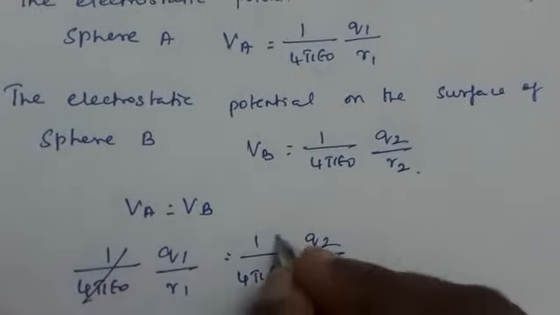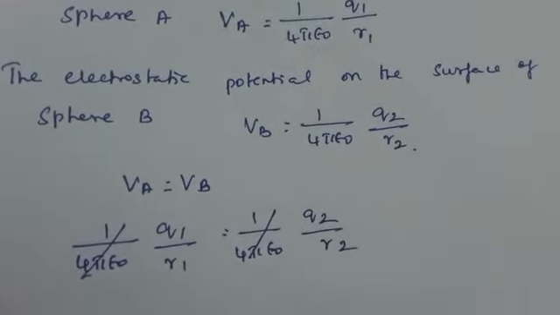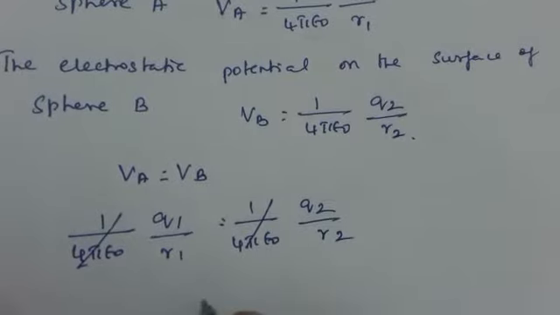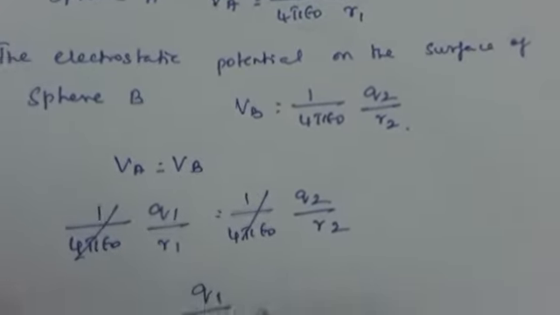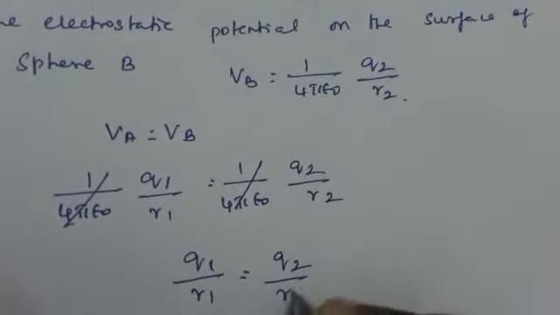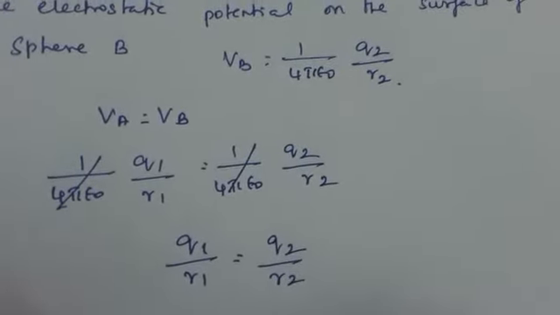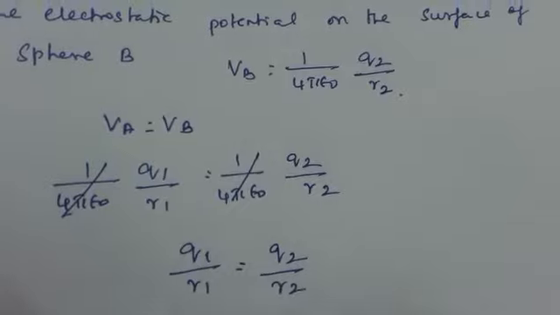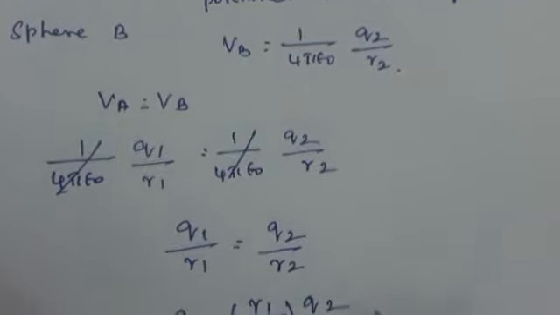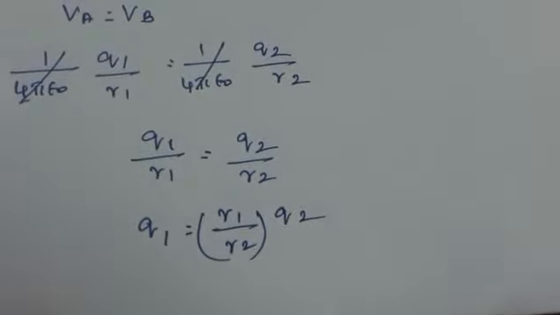The 1 by 4 pi epsilon 0 terms cancel. Now we can write Q1 by R1 equal to Q2 by R2. If we want to find Q1, Q1 is equal to R1 by R2 into Q2.